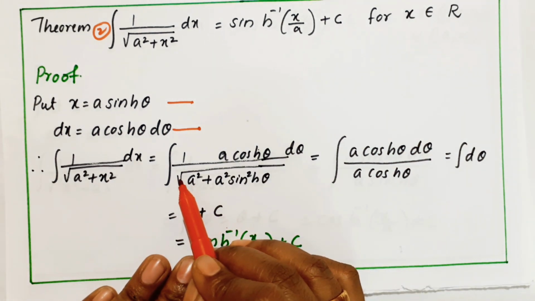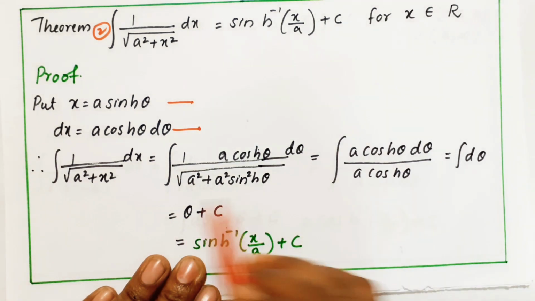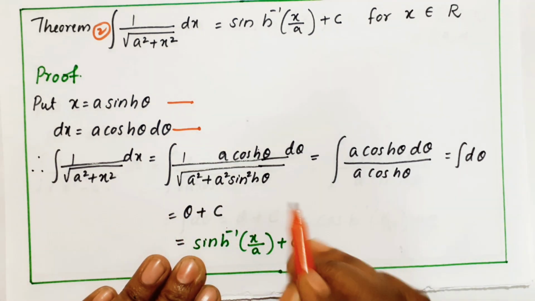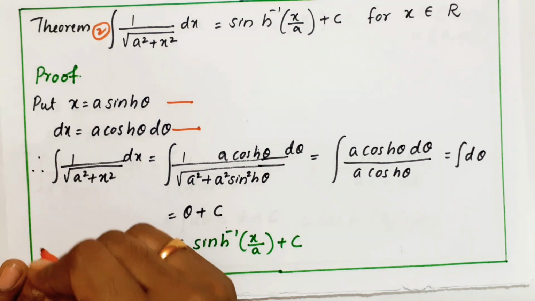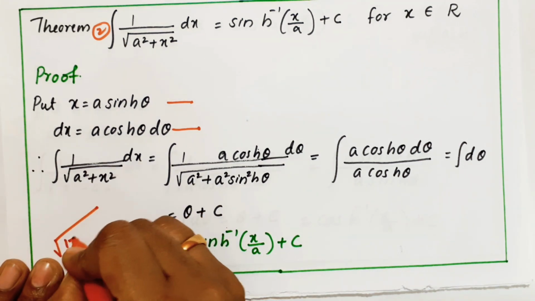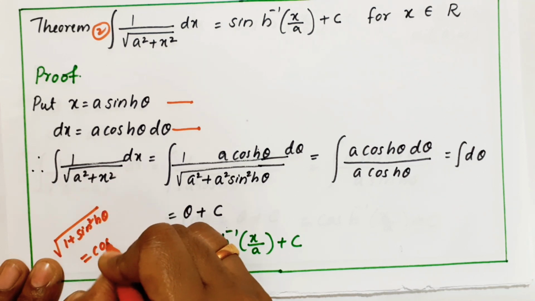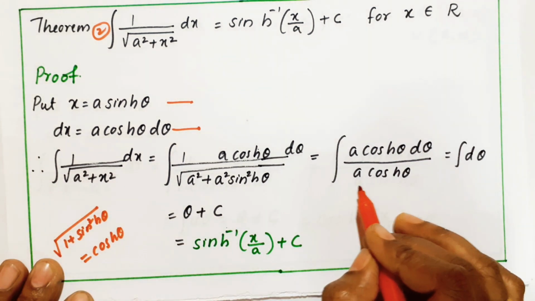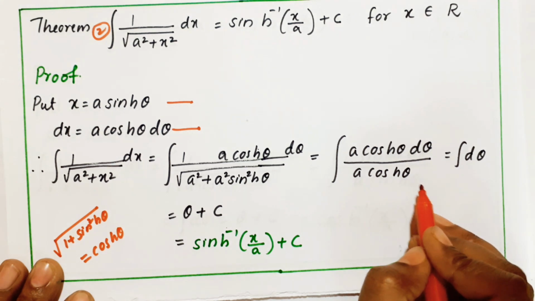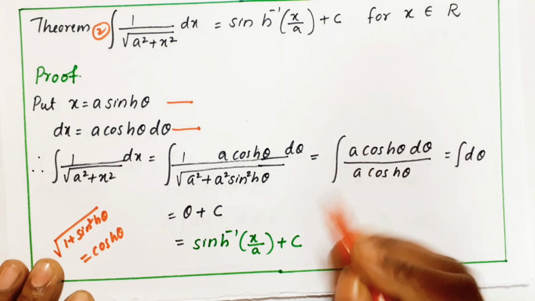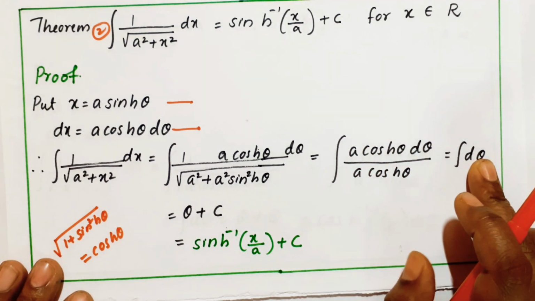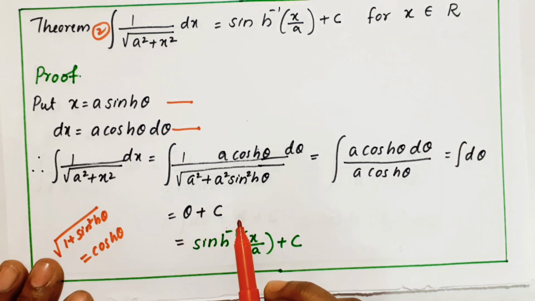This we can write as: numerator, integral of a cosh theta d theta; denominator, a square, take it common, outside the root it becomes a, and root over 1 plus sinh square theta. Root over 1 plus sinh square theta is nothing but cosh theta. So we will get a cosh theta in the denominator. Cosh theta and a get cancelled. So it is the integral of d theta, that is theta plus c.